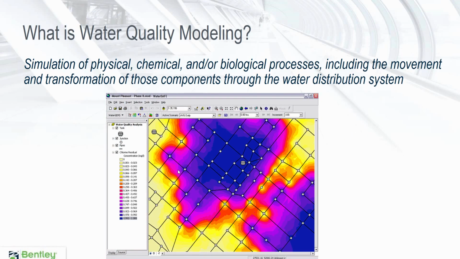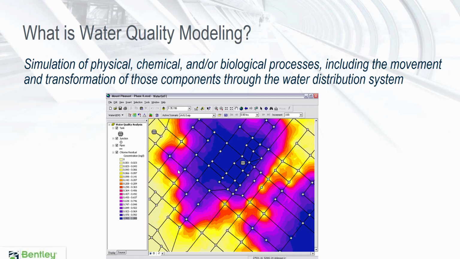Okay. What is water quality modeling? If you were to look at the classic definition, it would read something like: simulation of physical, chemical, and biological processes, including the movement and transformation of those components through a water distribution system. Now, that is a long definition, and you can read it on the screen too.